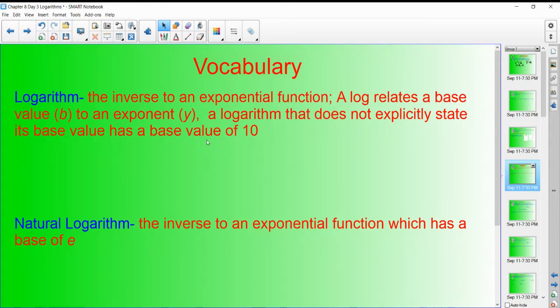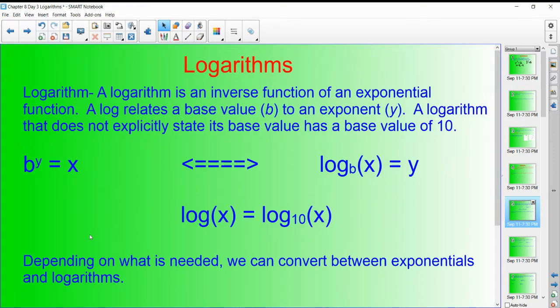We're going to learn about where that button is on the calculator, what it actually does, and something also called a natural logarithm. So a logarithm is the inverse to an exponential function. It helps us solve or rewrite an exponential using something called a logarithm.